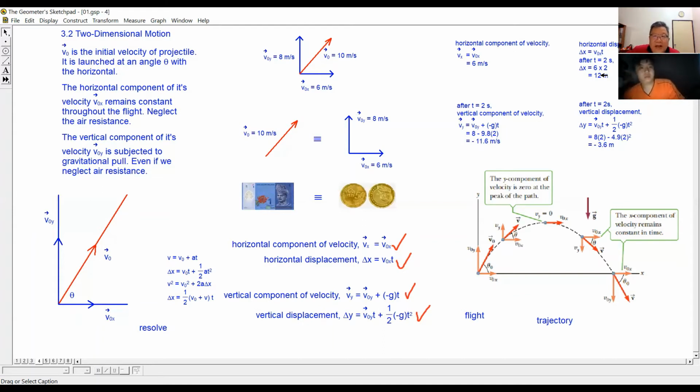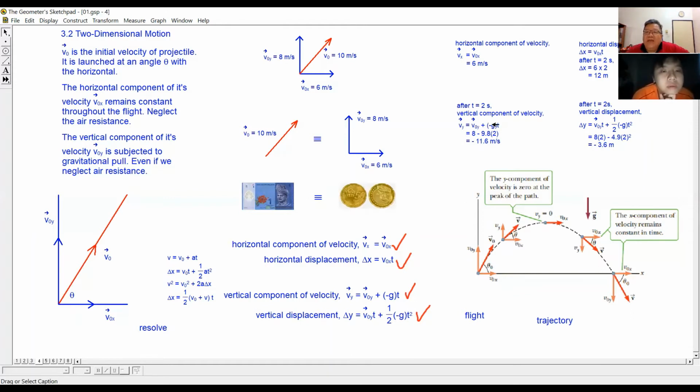So far, any question? No question. Then we move on to the vertical component. In this problem, the initial vertical component is 8 meter per second. So you throw the thing at an angle, it has a vertical component of 8 meter per second.